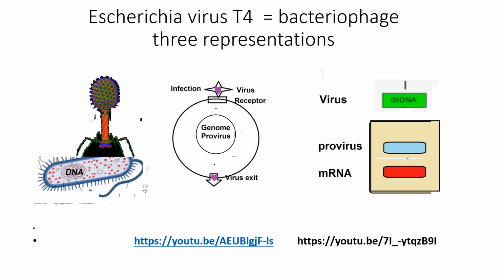So we are talking about Escherichia virus type, which is the name of the bacteriophage. And you see here three representations of this event. First of all, we see here the bacteriophage injecting or infecting a bacterium, and here the bacterium has a nucleus with DNA, and it is a prokaryote.